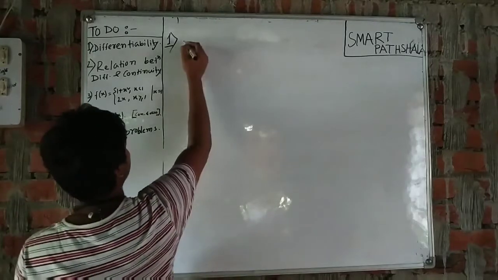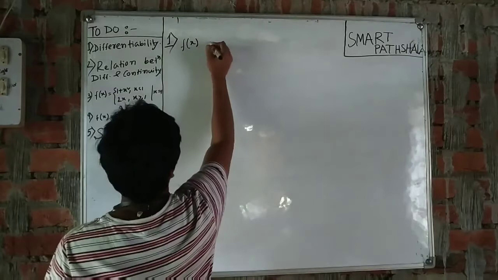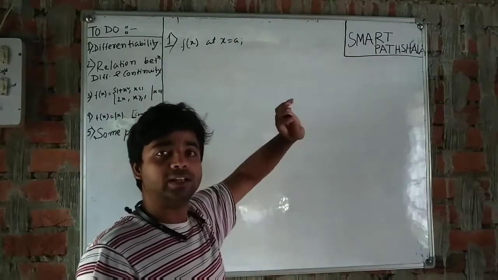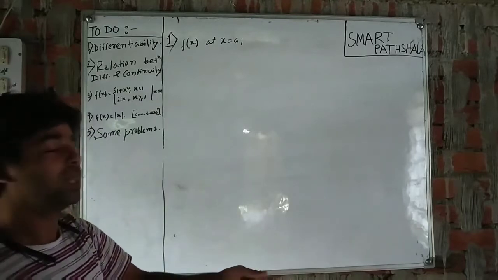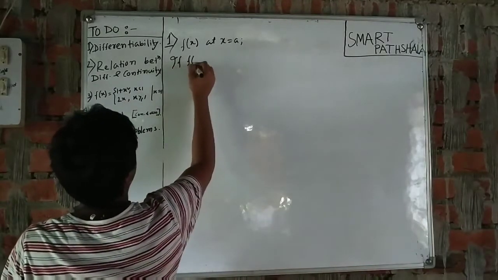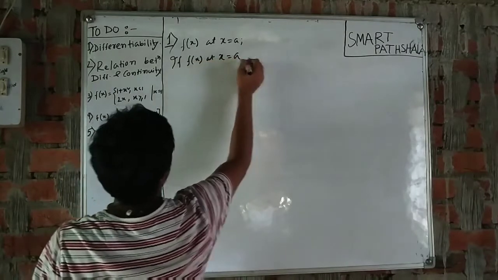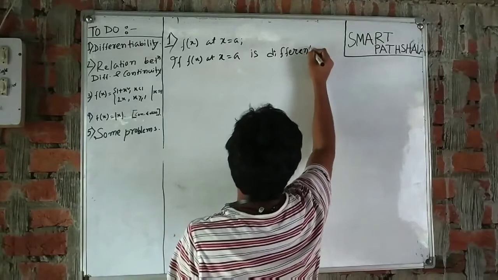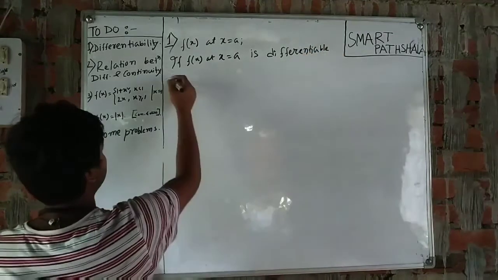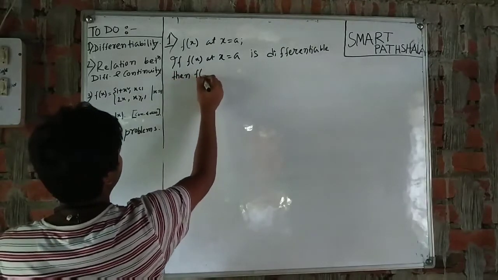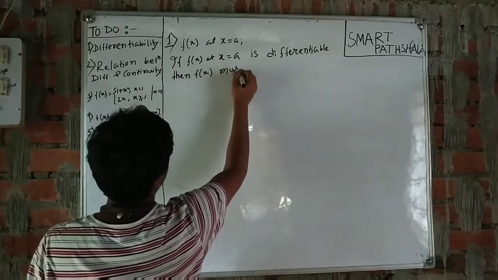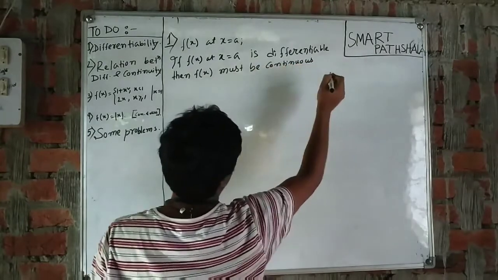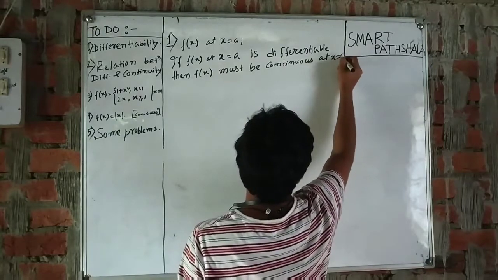If a function f of x at a certain point x is equal to a, if this is differentiable, that is, if f of x at x equal to a is differentiable, then f of x must be continuous at x is equal to a.